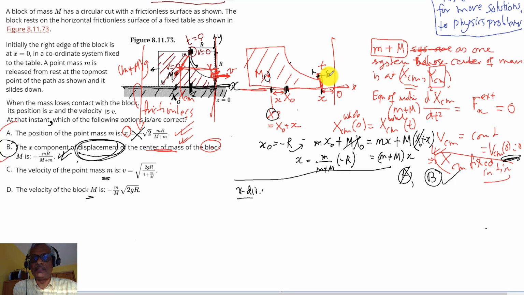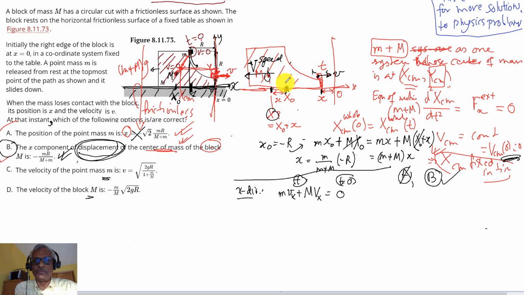So let's see, the velocity of this one is v that way, and this guy's velocity, let's call it capital V. And you look at the x component, and this is the speed on this direction, and this guy has the velocity in that direction. So if I look at m little vx plus big M vx, at time t it should be equal to the same at time 0, and that should be 0.